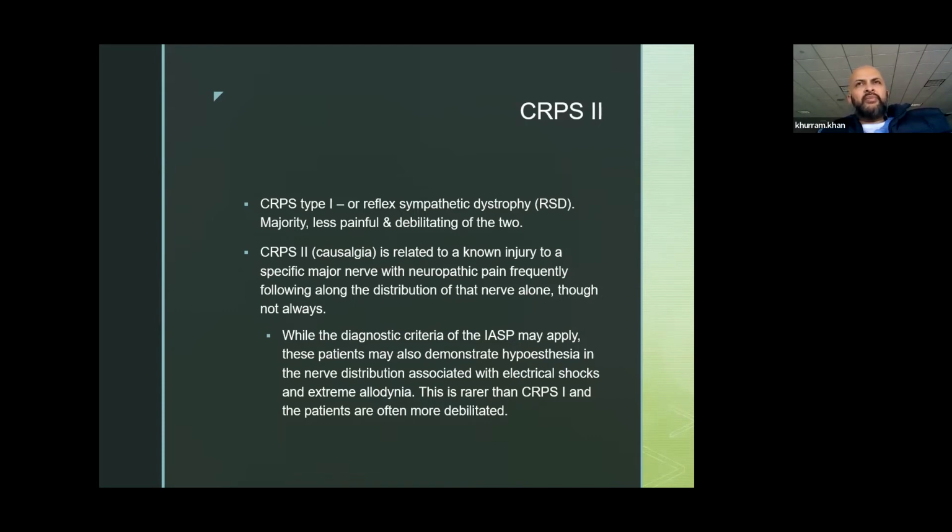Sometimes the CRPS starts in one limb and then starts involving the other side of the body, the other limb, in the same fashion the way it started in the first limb. So that's how CRPS is currently subdivided.